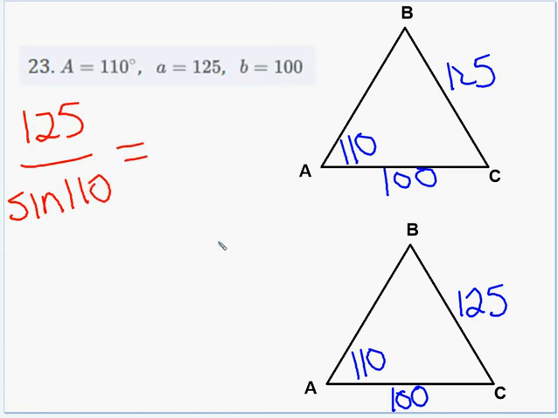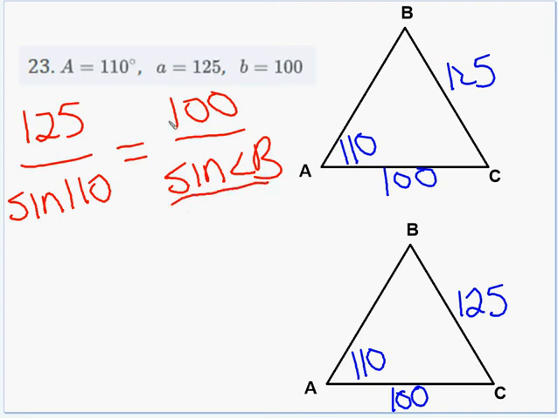And that's equal to the other known side, 100, over the sine of angle B. So here we cross multiply, and we're going to get the sine of B is going to equal 100 times sine of 110 divided by the 125. So we're going to punch that in our calculator, get the decimal, and then take the sine inverse. In this case, angle B turned out to be 48.74 degrees.